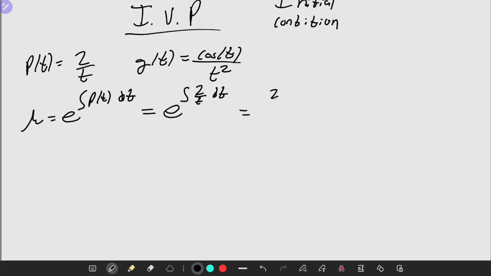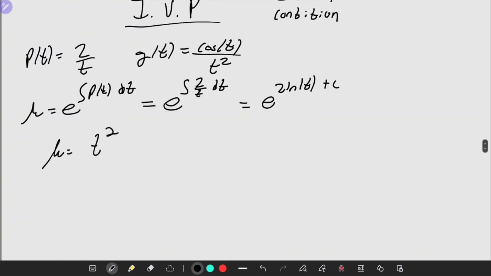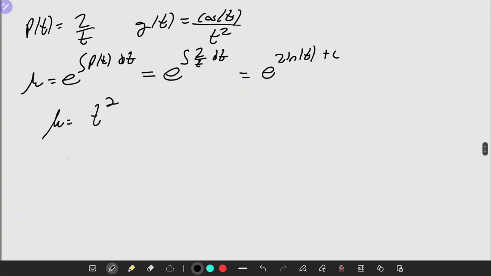We know that this is e to the 2 ln absolute value t plus c. Since we already solved this, we know that mu is equal to t squared, same thing as the last problem.